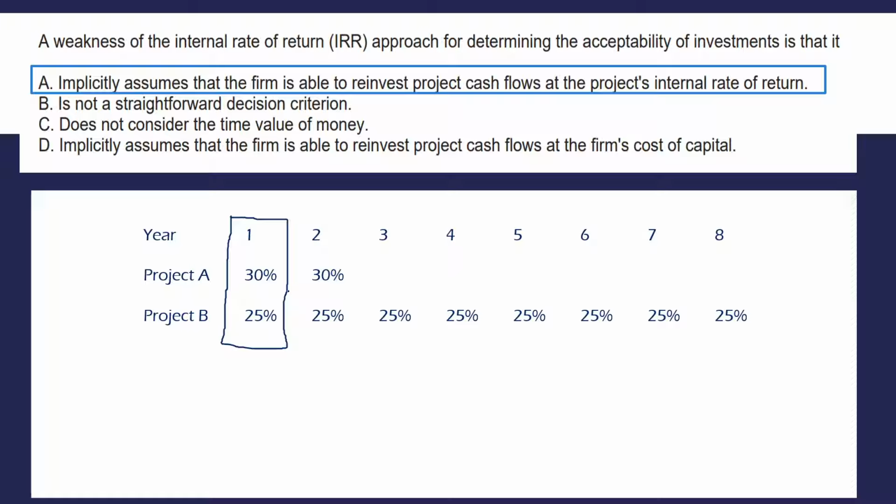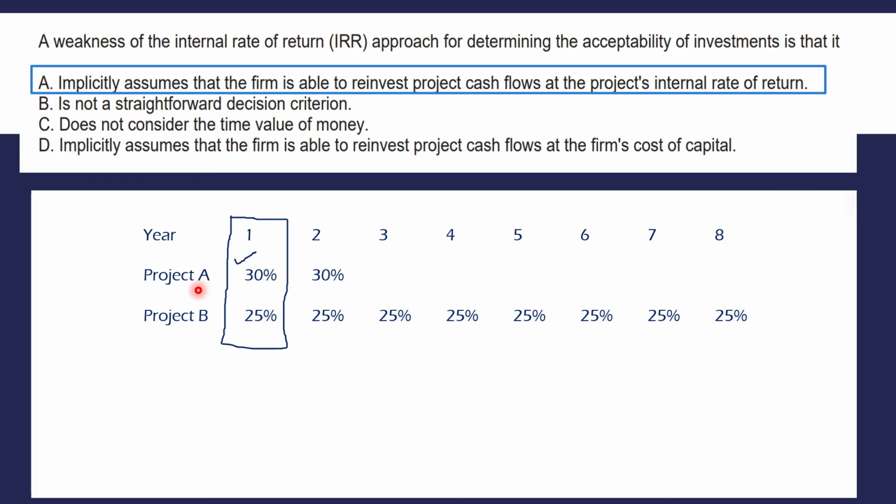No? In this example here, we have two projects, A and boy. A has an IRR of 30%, above that of project boy, which is only 25%. Evaluating based on IRR would make you conclude that A is better. However, you have to understand that the two projects may have different lives.